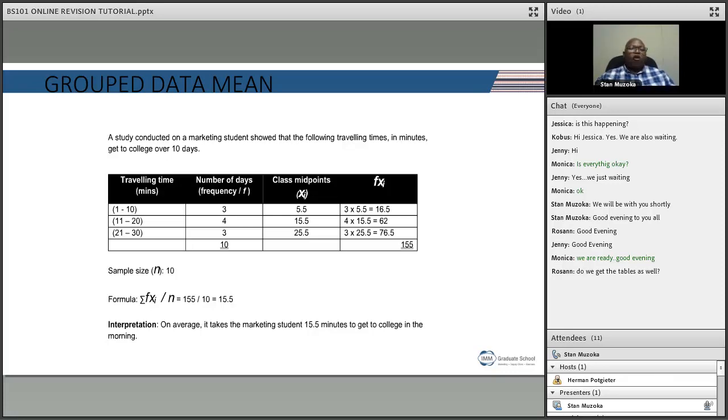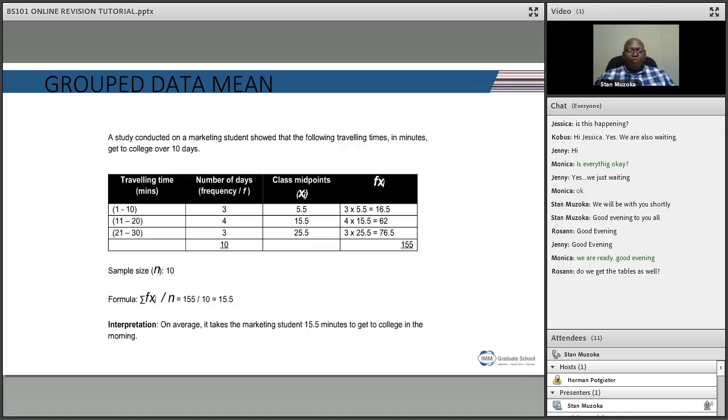We do the same for the 4 observations between 11 and 20. The class midpoint there is 15.5, which is 11 plus 20 divided by 2. And 15.5 times 4 is equal to 62. The class 21 to 30 has 3 observations, and the class midpoint is 25.5, since 21 plus 30 divided by 2 is 25.5. 3 times 25.5, the total is 76.5.